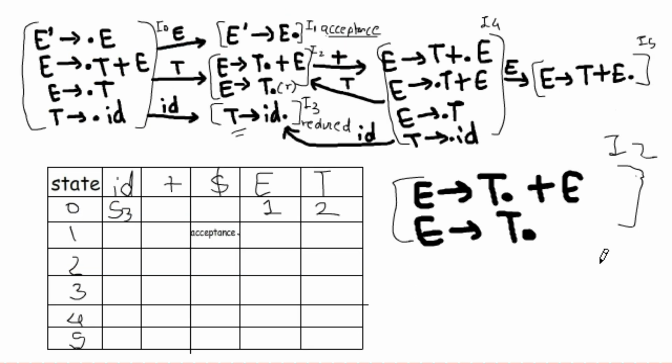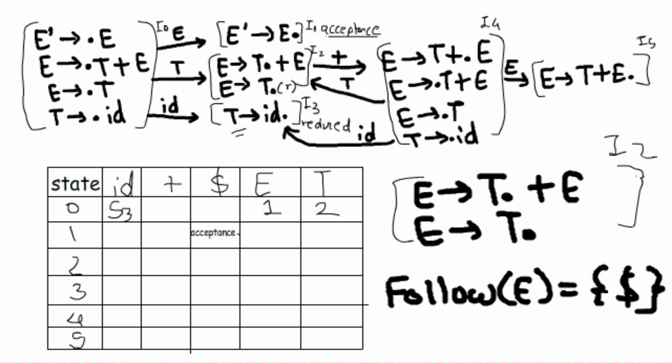Because dot is after T, it will go back to the first one, and you have to find follow of E. Follow of E is dollar. So in dollar, you have to write R because it is a reduced term. But which number is it? It is item number 2. So you will write R2. This is how you do it. Now, let us go to the next one.